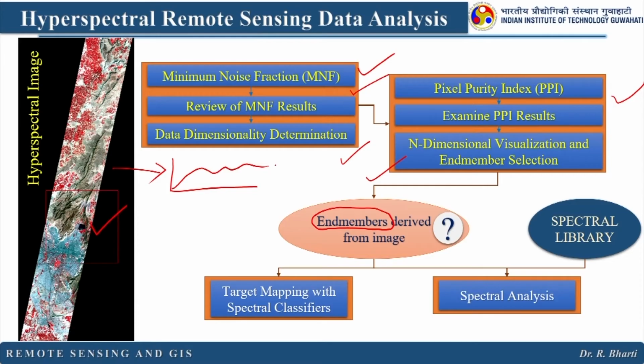Once we know this is end member A, let us call it A, then we perform spectral classification like SAM, SVM, SFF, or any other method you can use here. By doing so, you will get an output that will be your classified image. So each pixel will belong to A, B or C, whatever end members you have provided, which were extracted from the image itself and were expected to be pure.